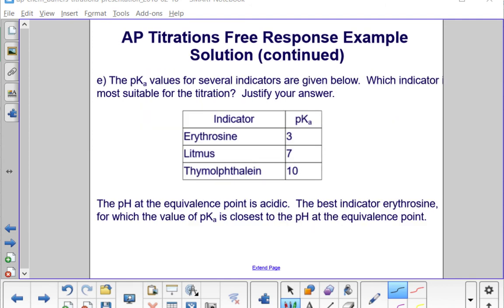The pH at the equivalence point was 2.96, so we want to pick an indicator that has a pKa value near that. That would be the erythrocene. To justify our answer, we can say the pH at the equivalence point is acidic. The best indicator then is erythrocene, for which the value of the pKa is closest to the pH at the equivalence point.